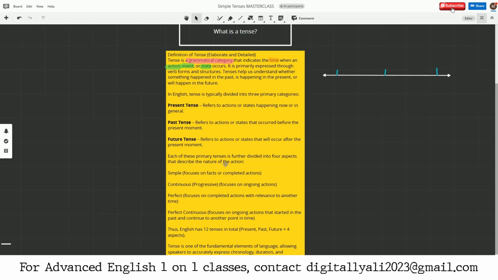Each of these primary tenses is further divided into four aspects that describe the nature of action, and those four aspects are simple, continuous, perfect, and perfect continuous. Today we are going to do simple tenses that focus on facts or completed actions.